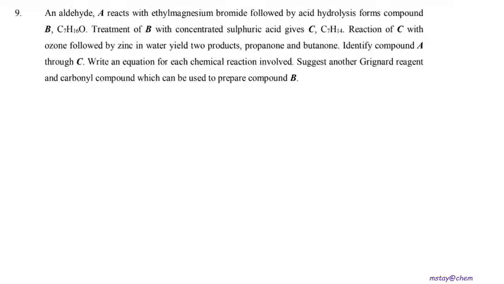Okay, let's continue with the last question, question number 9. An aldehyde A reacts with ethyl magnesium bromide, CH3CH2MgBr, followed by acid hydrolysis to form a compound B, C7H16O. From here, the general formula is CnH2n+2O, so we know that B is an alcohol.